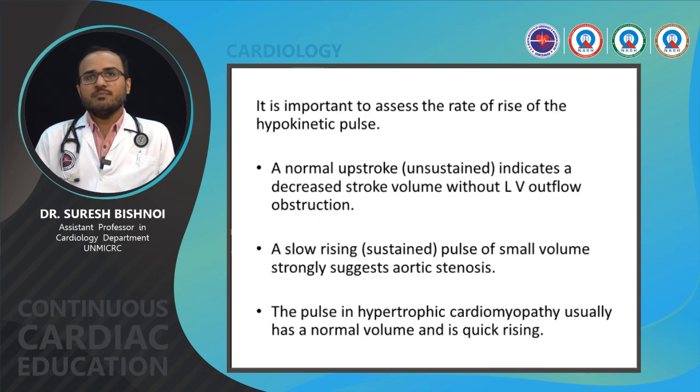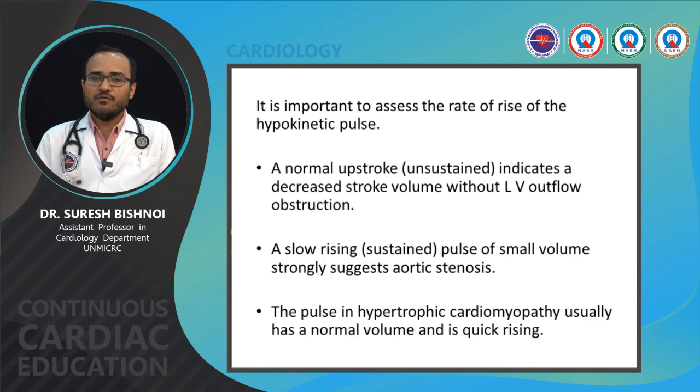While assessing, it is important to assess the rate of rise of the hypokinetic pulse. We should examine whether the rise is normal, slow or delayed. It gives the clinical diagnosis about the underlying conditions. A normal upstroke, which is unsustained, indicates a decreased stroke volume without any LVOT obstruction, in cases of LV dysfunction or hypovolemia.